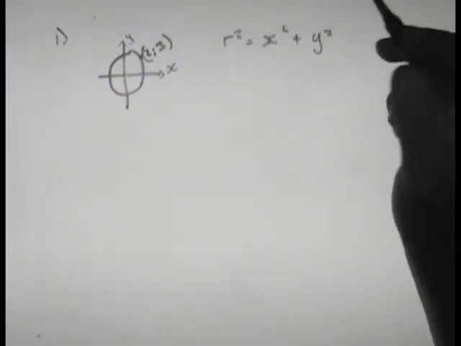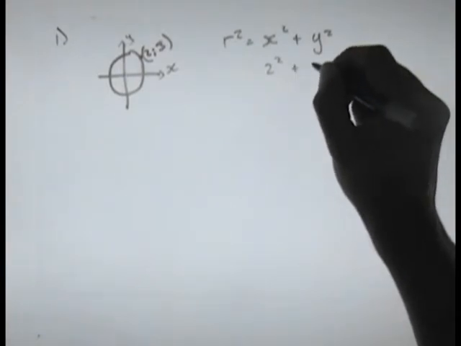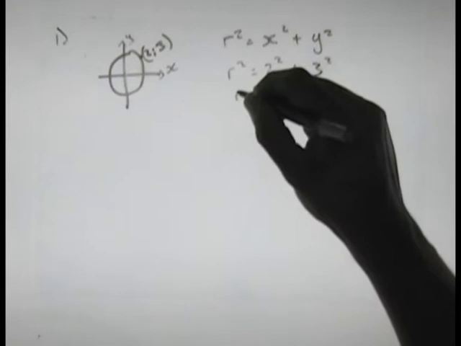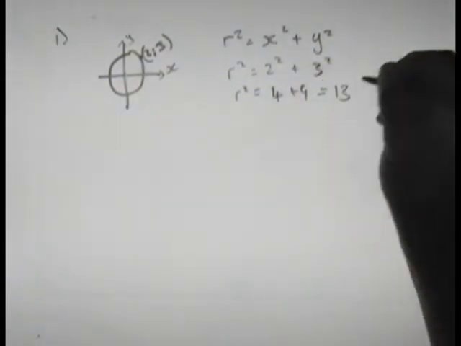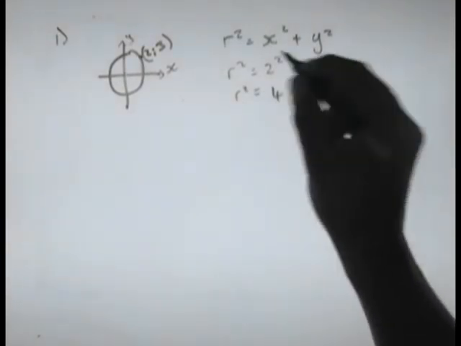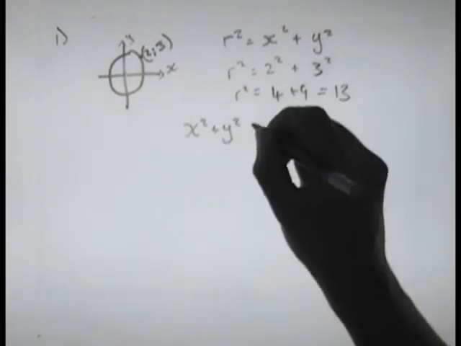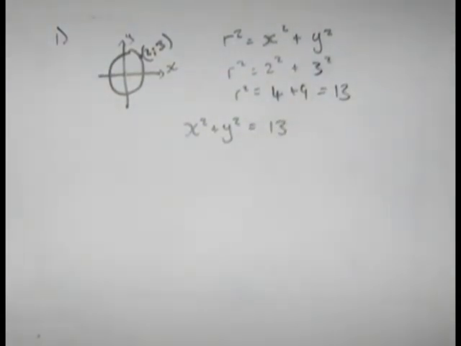In order to get r squared, substitute that point in, which means that x is equal to 2, y is equal to 3. That means that r squared is equal to 4 plus 9, which is equal to 13. That means that this one here reads x squared plus y squared is equal to r squared, which is 13.